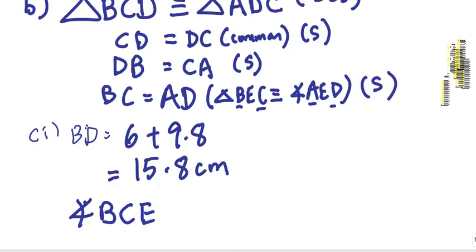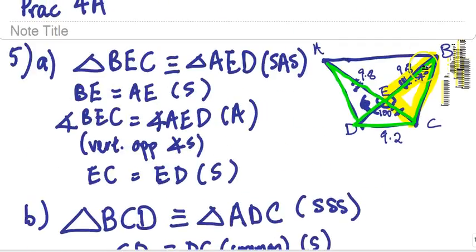Okay, next you want to find angle BCE. So let's go back and look at the diagram, angle BCE, this angle here. Now this angle here would be found if we can find this angle over here. Because we have this is 34, if we have this angle here, we can use angle sum of triangle. Now, how do we find angle BEC?